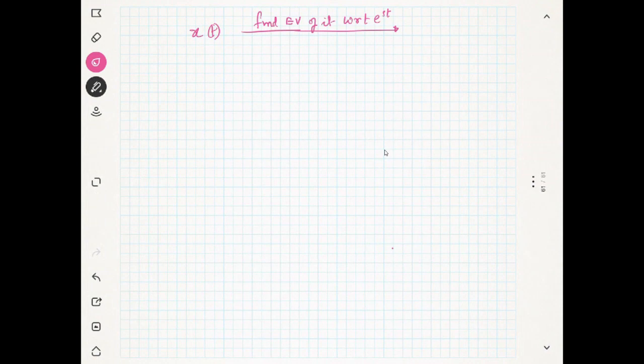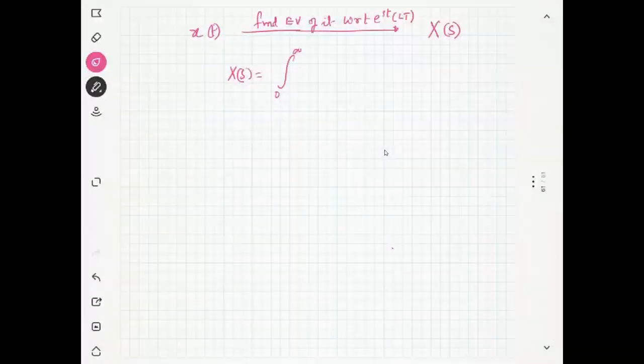If I want to find the eigenvalue, I need a basis. So e power st is my basis in the Laplace transform. Then if I find the eigenvalue, I will get x of s. So what is the convention for finding x of s? It is nothing but the integral from 0 to infinity of x of t into e power minus st dt. Is it okay?